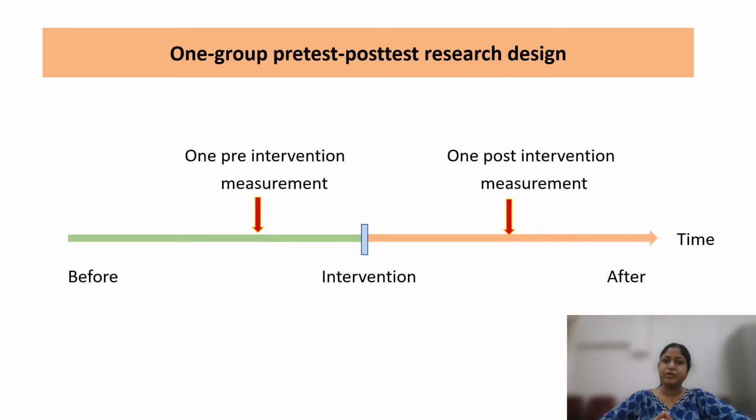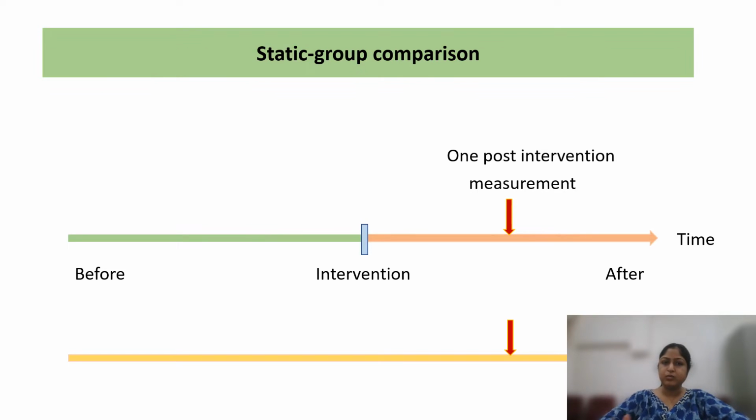Then we have one group pre-test post-test research design. In this, there is an intervention, but there are two measures, one taken before the intervention and one taken after the intervention, and the degree of change at the two time points is then calculated. Then we can have static group comparison.